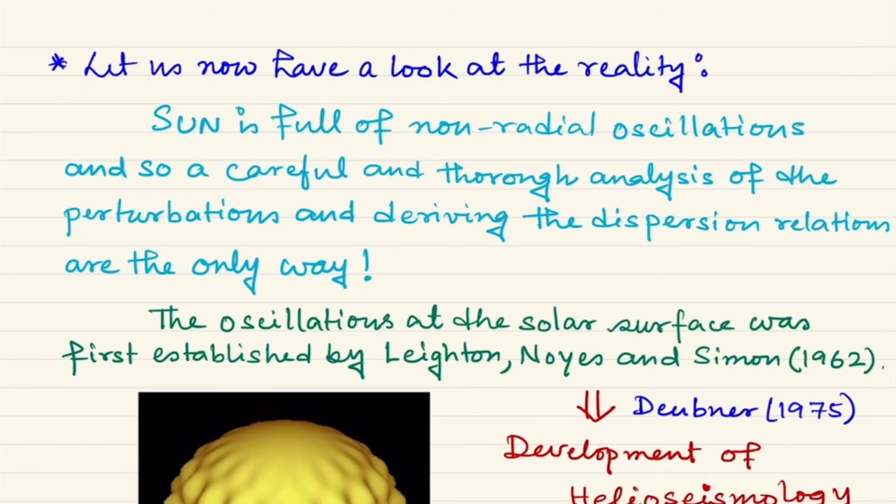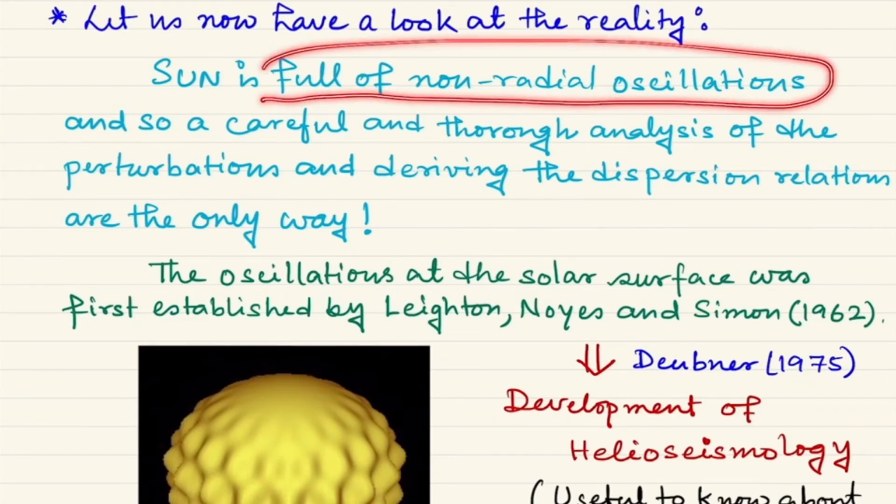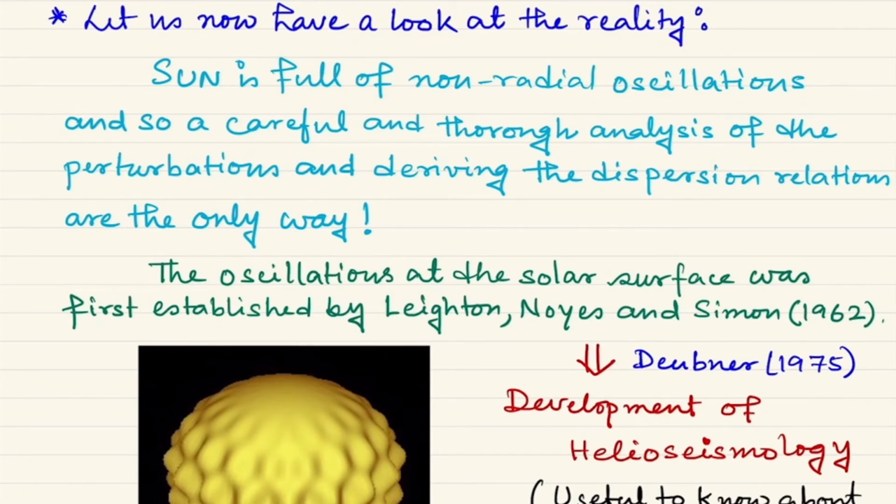Our neighbor, the central star of our solar system, this is the Sun. How can we forget that one? And like Cepheid variables, the Sun is also an oscillating star. But the Sun is full of non-radial oscillations, and solar oscillation is a subject of very, very interesting and ongoing research.